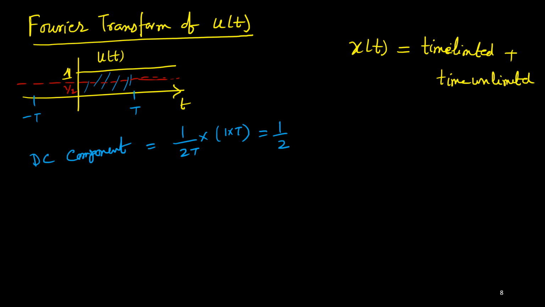Then right side what we will get, right? Because this is continuous for both sides, left side and right side. So UT is having one component, that is your DC component is half, and rest one, what we will get. So you see, right side it is, except this one, if I subtract this one, then right side it will become this signal. Suppose if it is xt.